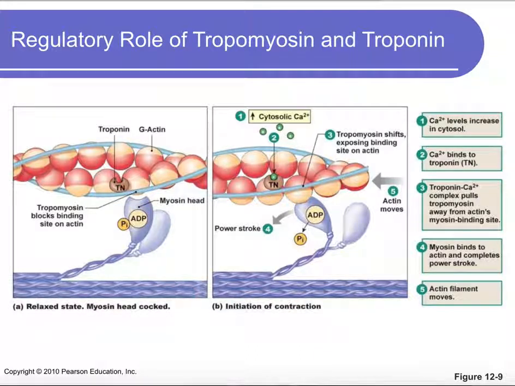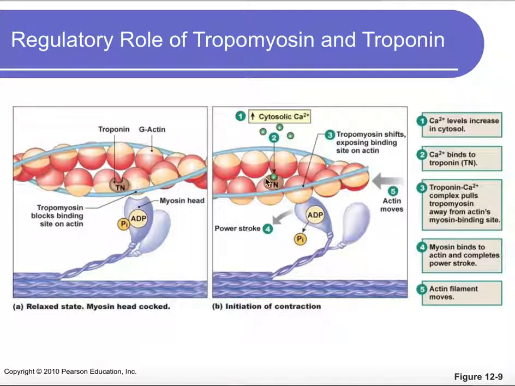However, it can't do that right now because this long filament here, this tropomyosin, is in the way. And then here's our little troponin. So let's see why that guy is important. When a muscle is stimulated to contract, calcium, remember that's the big player, gets released from the sarcoplasmic reticulum.